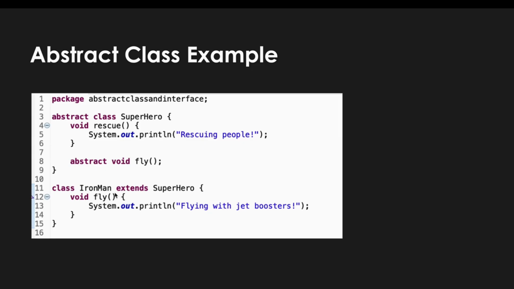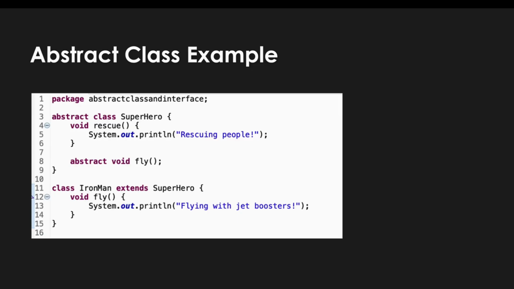This way it gives the extending class the freedom to implement the fly method in its own way. This way we define the rule but leave room for each hero to do things their own way.